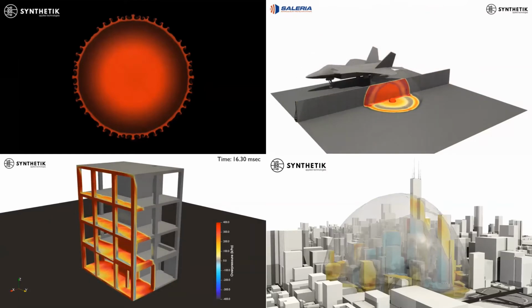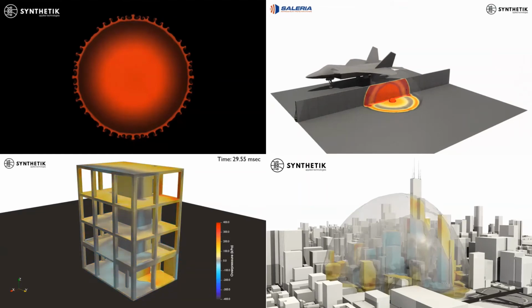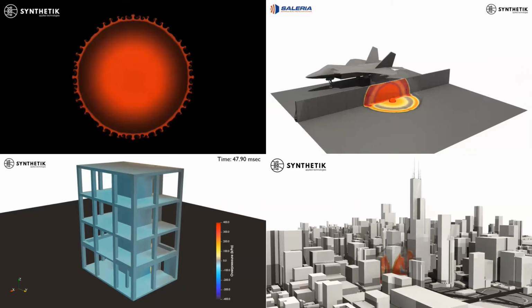Next, we're looking at loading on structures. We did this in collaboration with a couple of groups, where they then used our loads to look at the structural response of the buildings. And then lastly, we do a lot of cityscape simulation, looking at damages caused by detonations going off in cities.